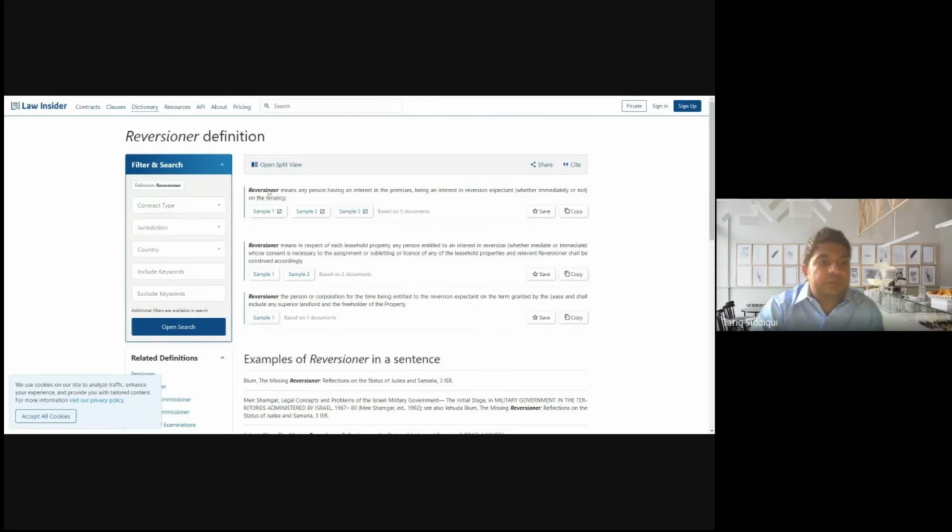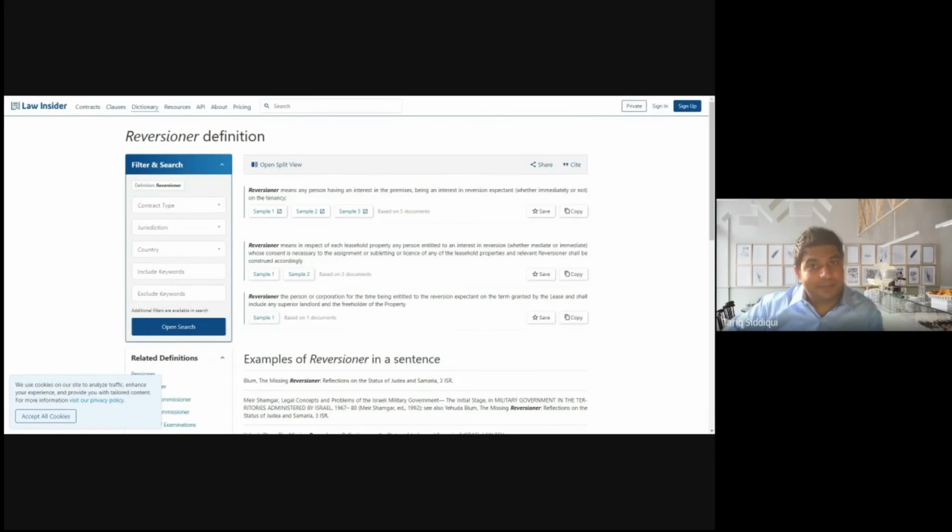It says reversioner means any person having an interest in the premises, being an interest in reversion expectant, whether immediately or not on the tenancy. Reversioner means in respect of each leasehold property, any person entitled to an interest in reversion, whether immediate or immediate.